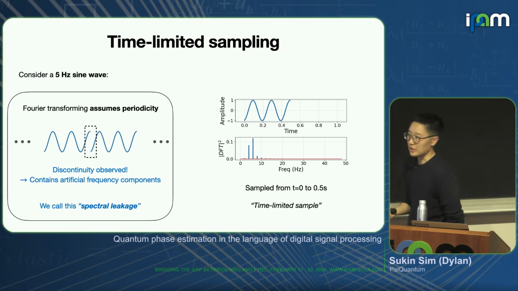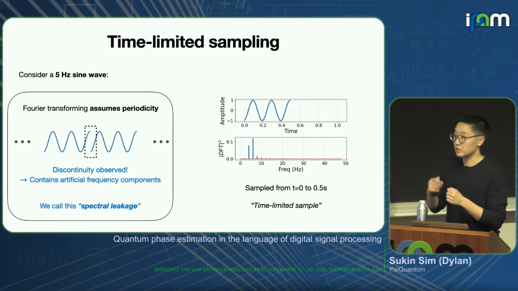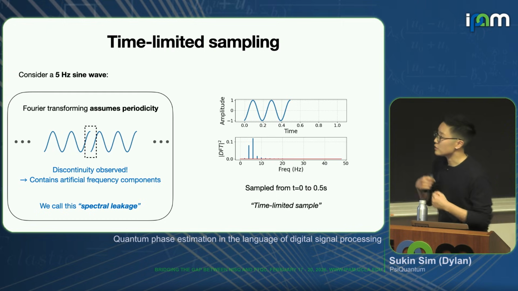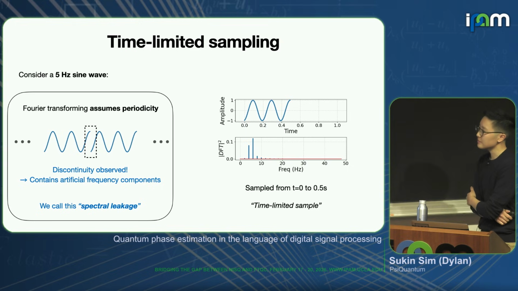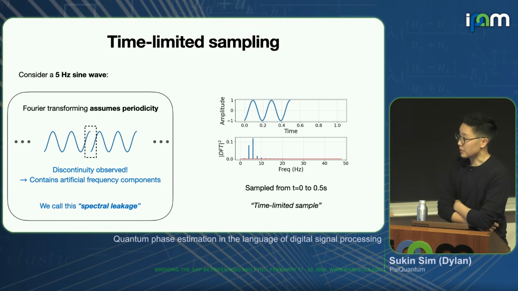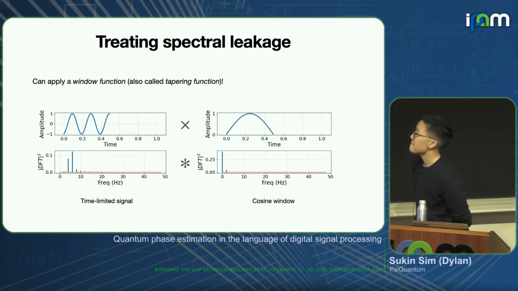You can think of the Fourier transform as almost a way to reconstruct your original signal using the frequency components. Using that picture, you can see that you need a lot more frequency components to reconstruct the sharp transition. And in signal processing, we call this effect spectral leakage.